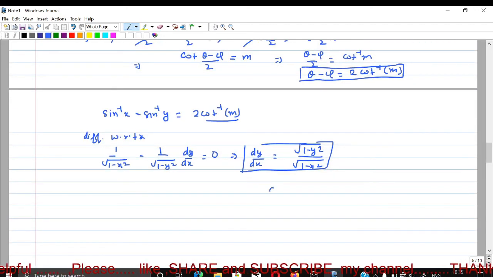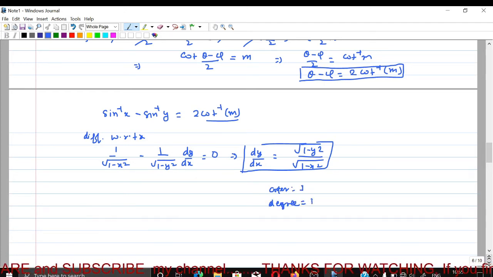Here the order is 1 and the degree is also 1. So I am stopping here. In our next video we will solve more problems on how we form differential equations. So thank you.